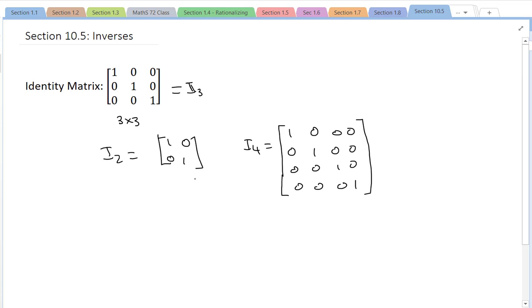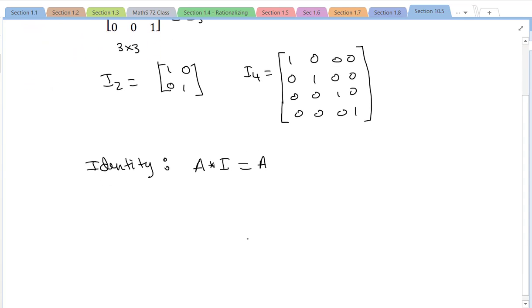So these are identity matrices. So what is the property of an identity? The identity matrix has the property that if you have a matrix A times the identity matrix, you get A back. So that's what the identity does.